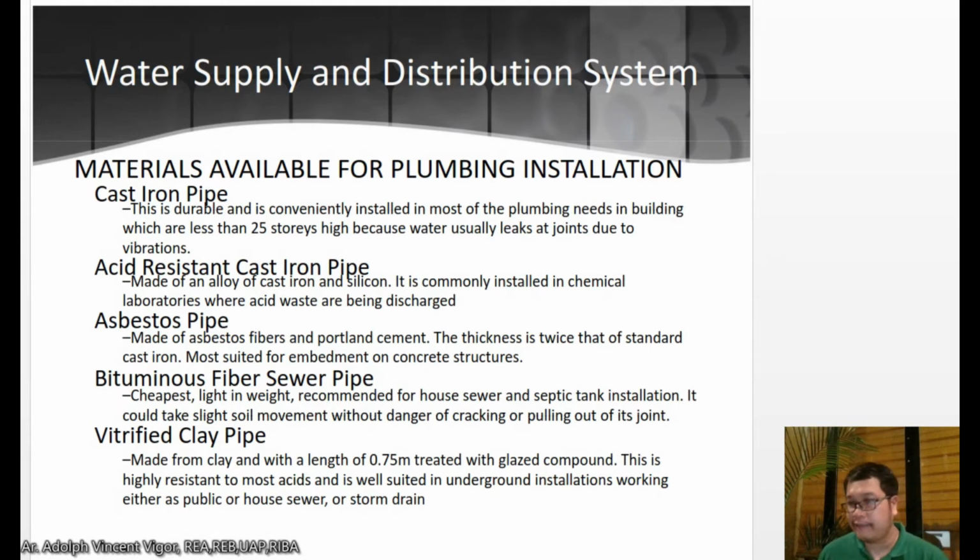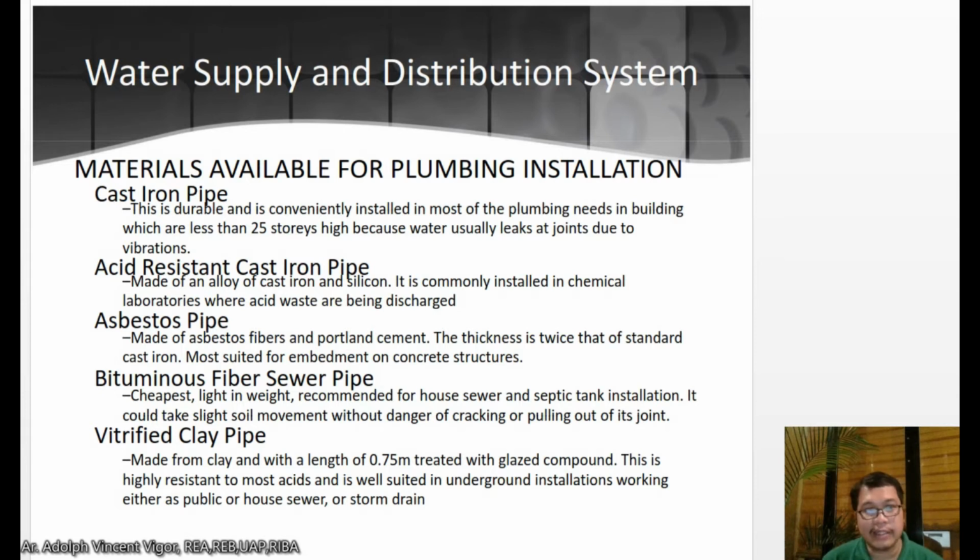So even if the building is already very high, even if it always vibrates, since it is one system and the parts of the pipes are welded to the fittings, it acts like one, so it won't leak. Okay? So these pipes that I mentioned are part of what we used in the plumbing system in the past and in some buildings which are not yet updated.